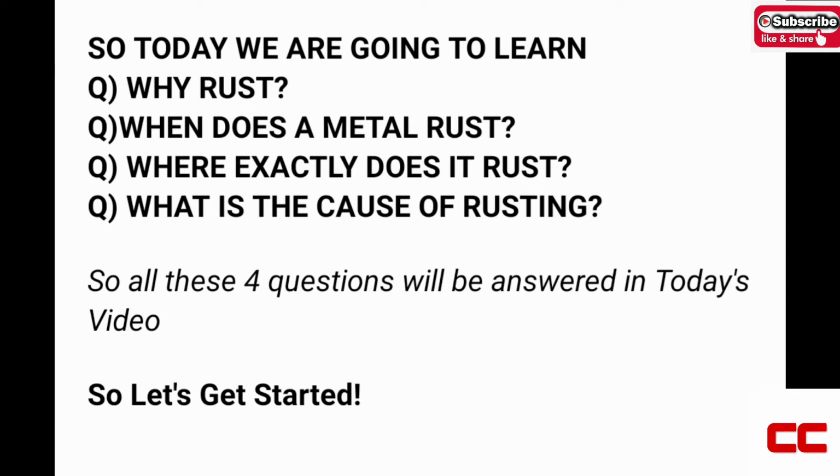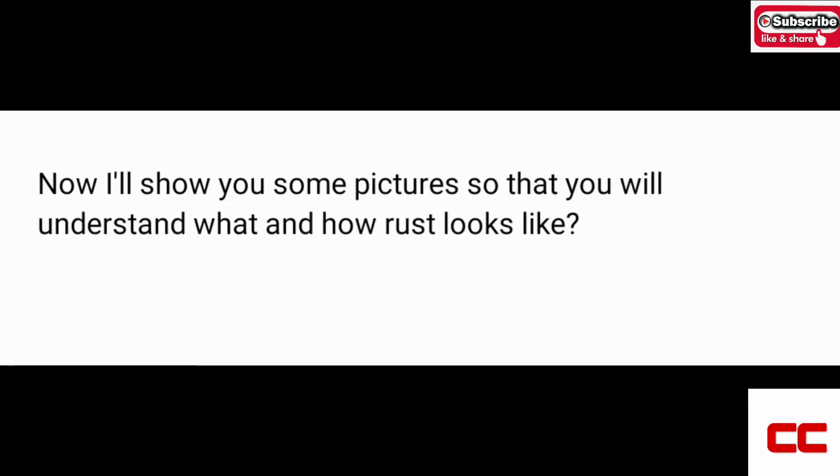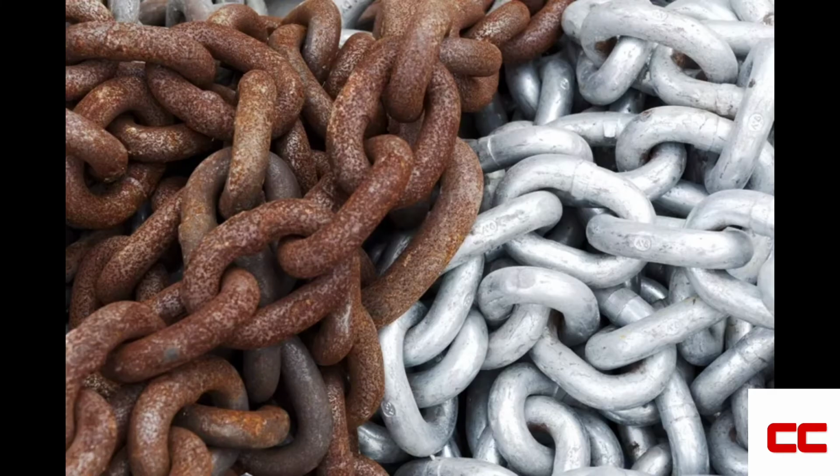So let's get started. Now I will show you some pictures so that you will understand what rust looks like. If you see these two chains here, one looks old and the other looks brand new, because one was exposed to moisture or oxygen for a long time and hence rusted, whereas the other was not exposed to those.